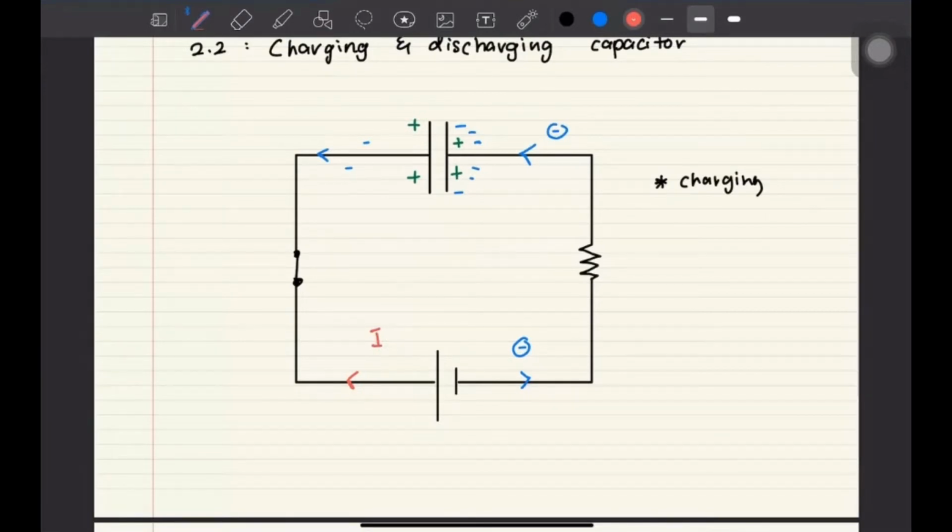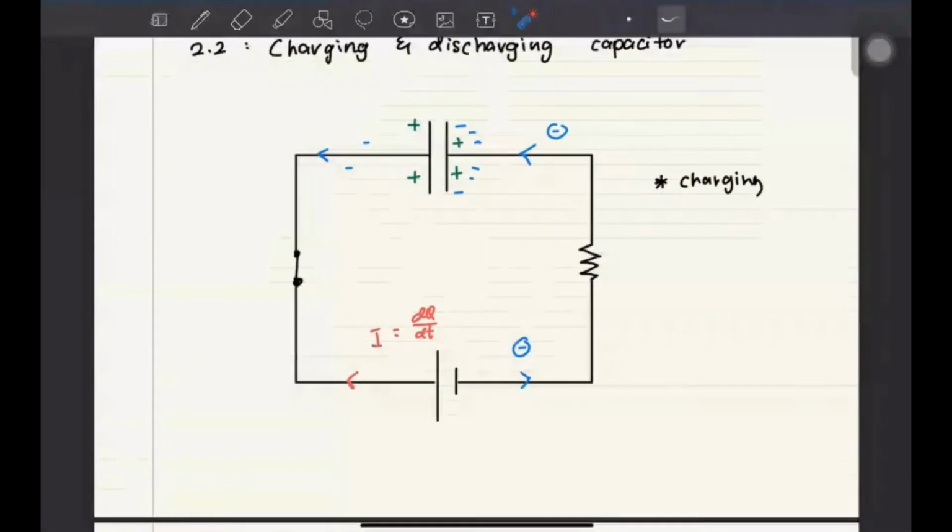Okay, so again, current actually depends on the magnitude of change in charge. So the bigger the influx of charge, the larger the current value. So initially when electrons are being pushed, because there are not many electrons here yet, it is fast, so the current is large. But then once it is full, and there are many electrons, the electrons get slower, and eventually electrons stop moving. So what will happen? Current becomes zero current.